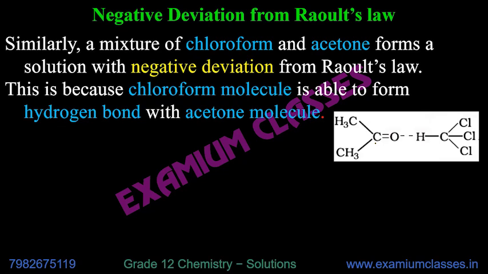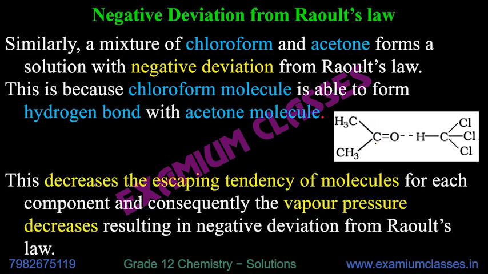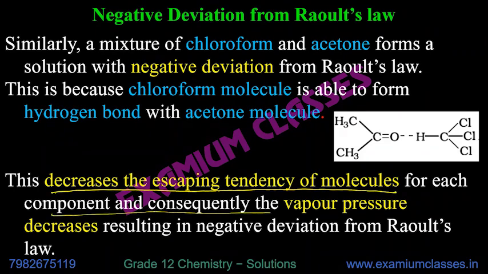So they require more energy to get separated. More energy means less volatile. Less volatile means less vapor pressure. Less vapor pressure means negative deviation. So this decreases the escaping tendency of molecules for each component and consequently the vapor pressure decreases, resulting in negative deviation from Raoult's law. Now tell me if anything is not clear.